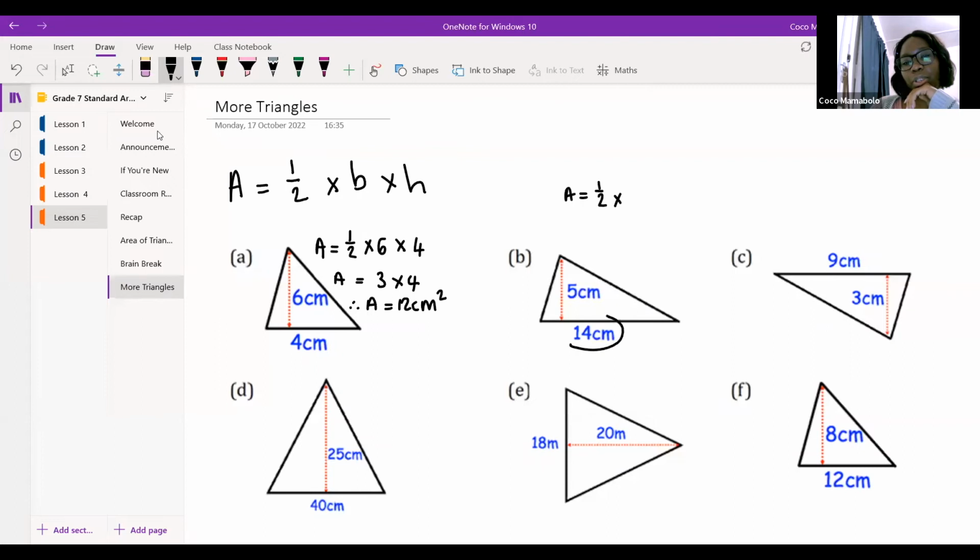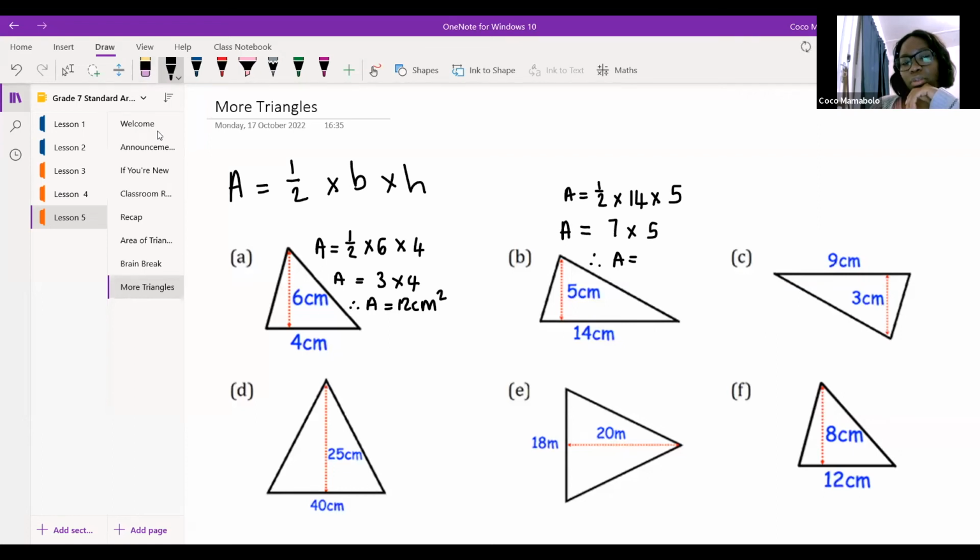Oh, it's 14. Yes, you're already halving it. You're a step ahead of me. 14 times, what's my perpendicular height? 5. Good. What's half of 14? 7. Good. 7 times 5. Therefore, my area is equal to 28 square centimeters.